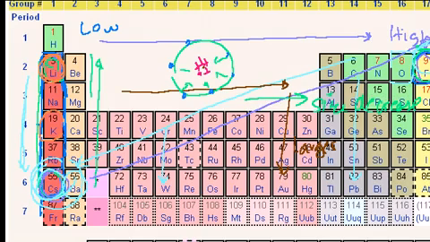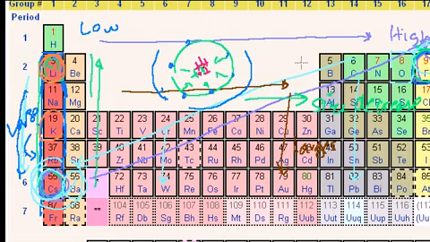So that's the general trend with size, and then you say, okay, but what about when you go to the next period? You're getting more protons there. Won't that decrease the size? You are, but at the same time, you're now adding the electrons in a new shell that's further from them, so it gets larger when you get to the new period. So atomic size, as you go down, gets larger, and as you go to the left, you get larger.